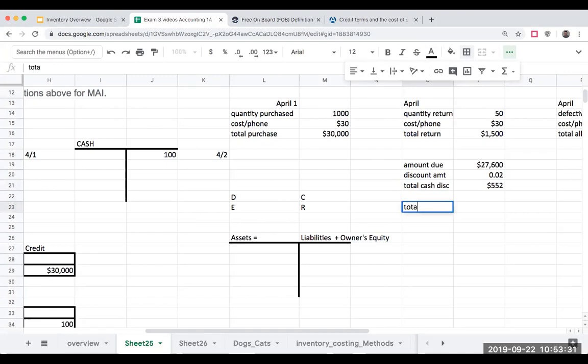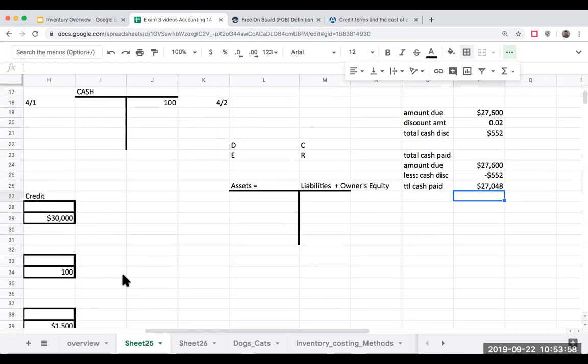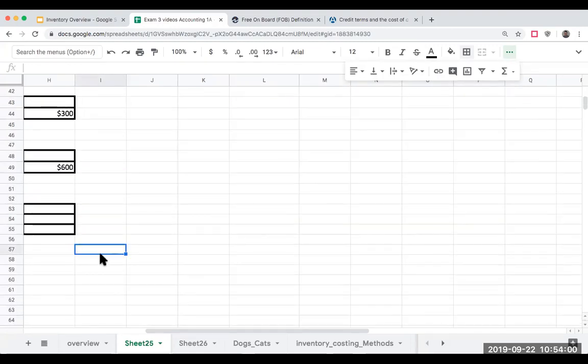So my total cash paid is going to be the amount due, $27,600, less the cash discount. My cash discount here was $552. So my total cash paid is going to be $27,048.